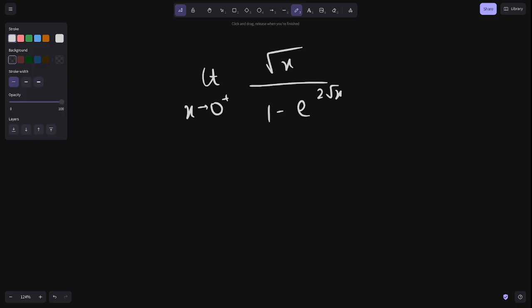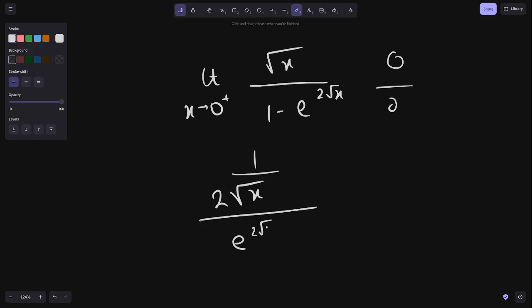Yeah, this is also a 0 by 0 case. Okay. Again, L'Hopital's rule, blindly. 1 by root over x, by 2 by e to the power root 2x, into 2 by 2 root x.